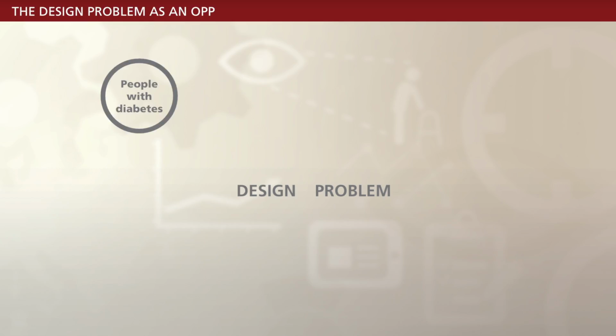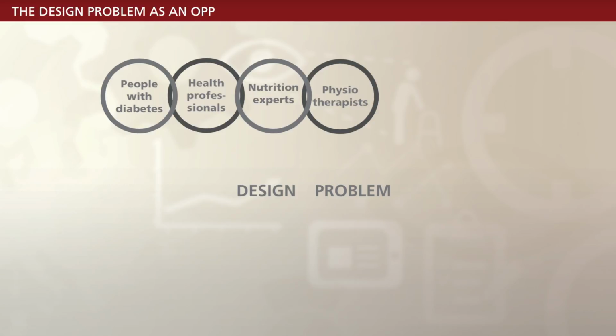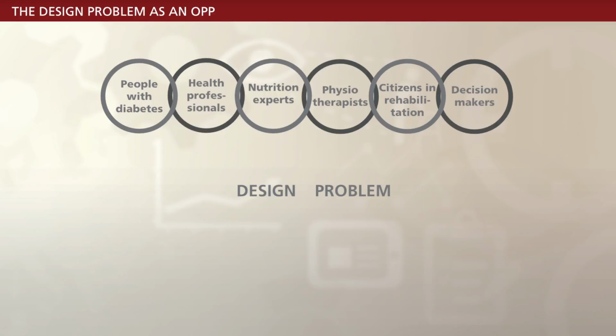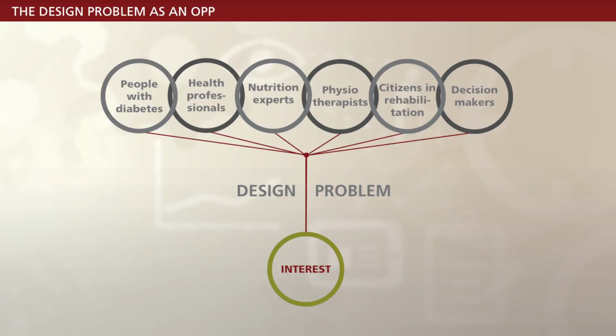You're dealing with people with diabetes, health professionals, nutrition experts, physiotherapists, citizens in rehabilitation, decision makers in the municipalities, and so forth. The point is, however, the same. The way you frame your design problem critically affects how interested your stakeholders are in the project. And you should therefore also consider how you can make your design problem an obligatory passage point.